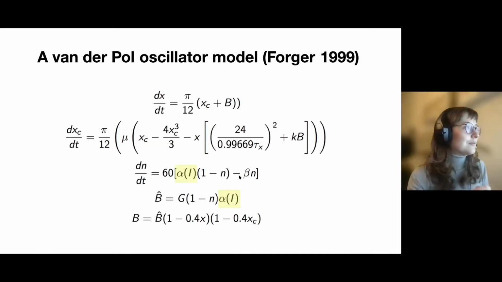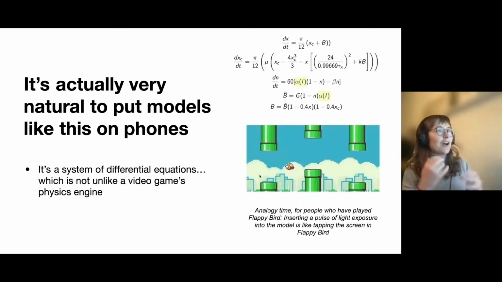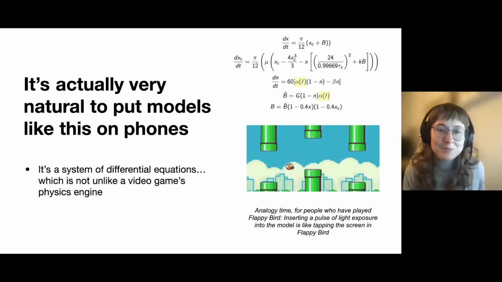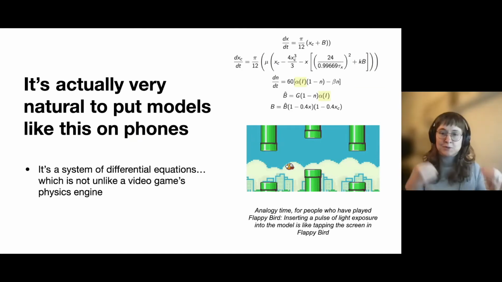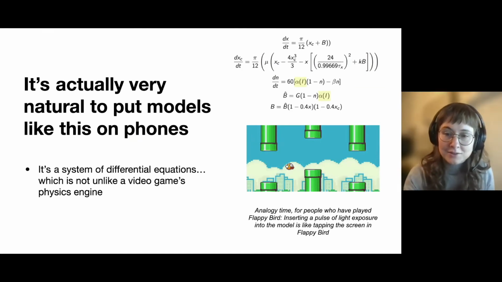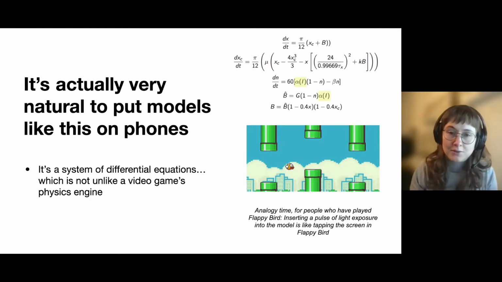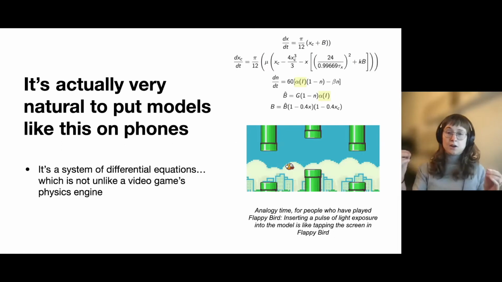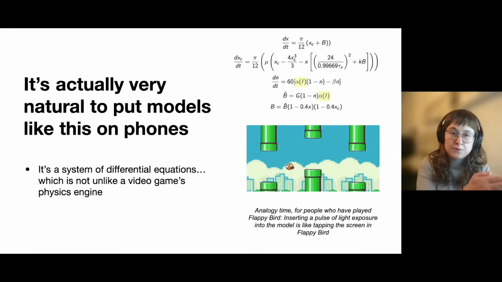And I want to make my own analogy for what's going on here, and also argue that it's extremely natural to put models of this kind on phones because it's a system of differential equations, like the physics engines of video games. So a video game has a physics engine that says, oh, okay, you pressed the A button, make the character move this amount in this short period of time.